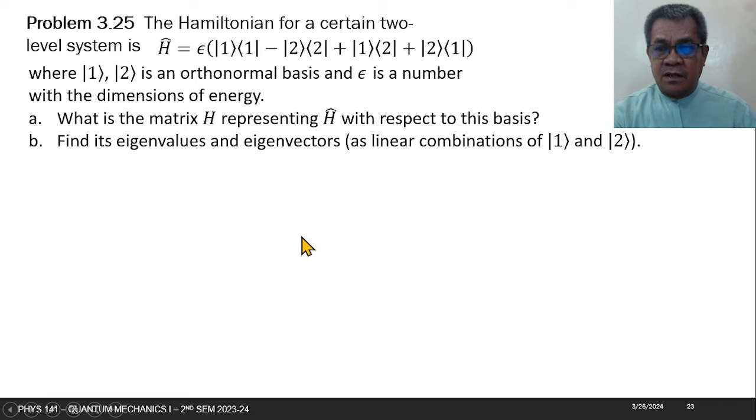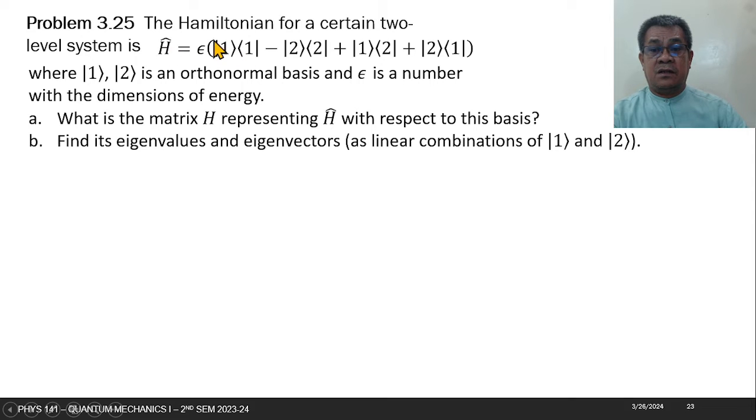Now let us solve one problem from the book of Griffiths, problem 3.25. We are given the Hamiltonian of a certain two-level system, and this Hamiltonian operator has epsilon, which is a number with dimension of energy, while state 1 and state 2 are orthonormal bases.